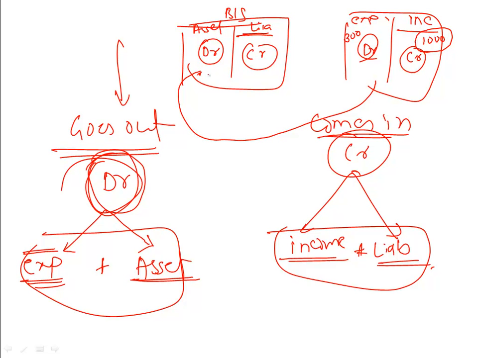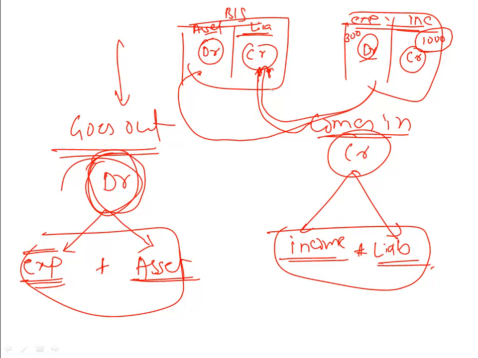Oh, I wrote it the other way around. Okay, fair enough. So I transferred my profit to the liability side. Yes. That means the extra credit that I had in my income statement, I just transferred to the liability side, that means the credit side on my balance sheet. So that's how your balance sheet tallies.